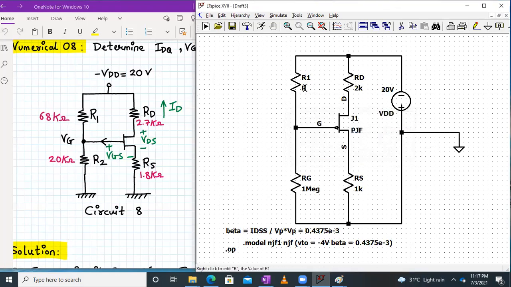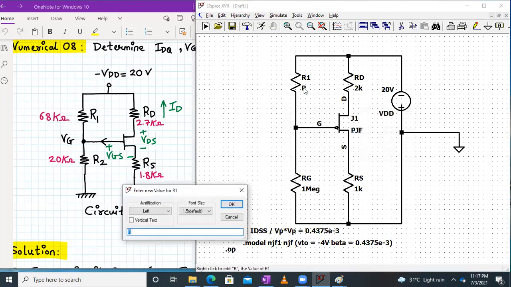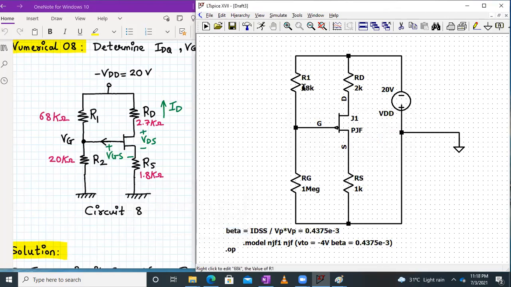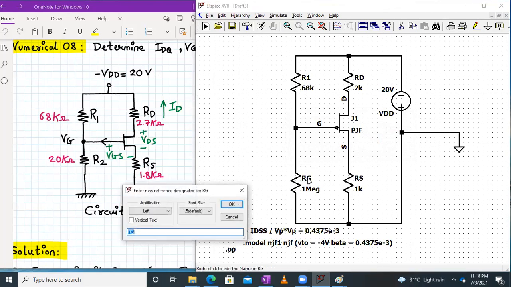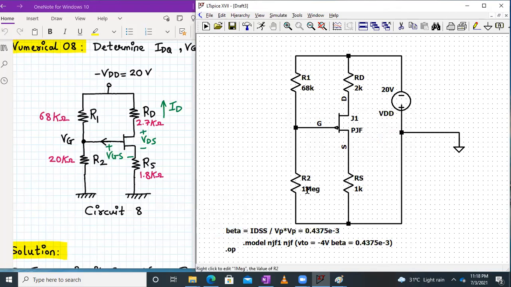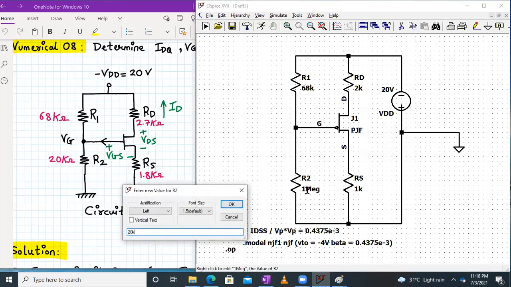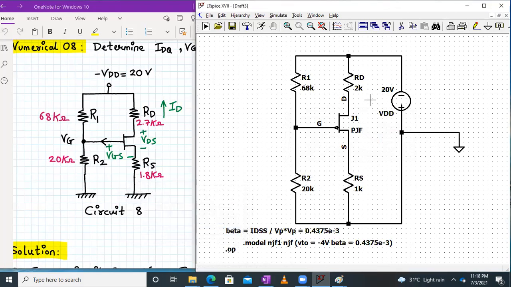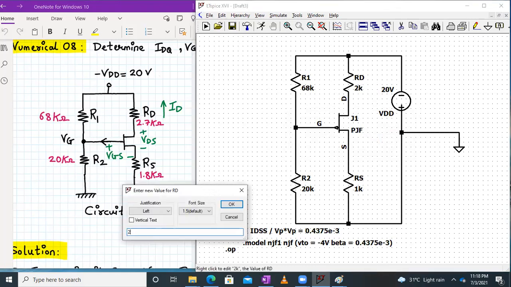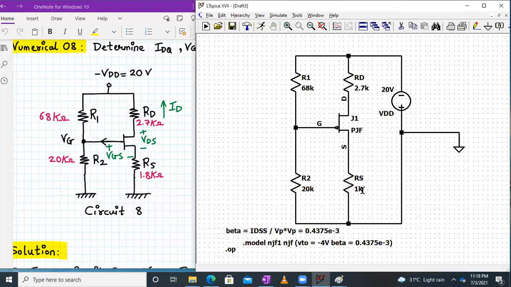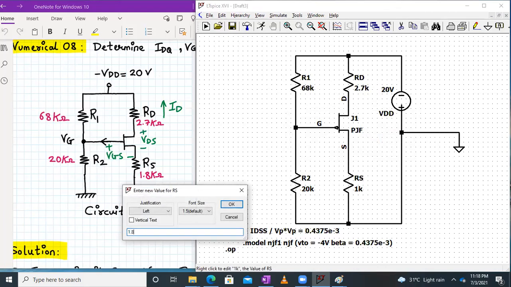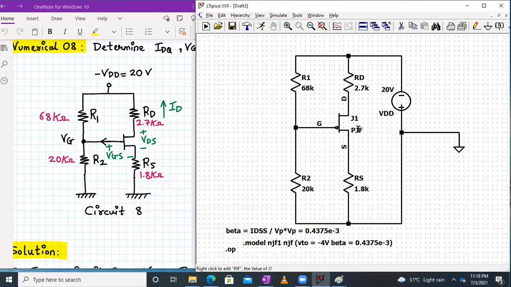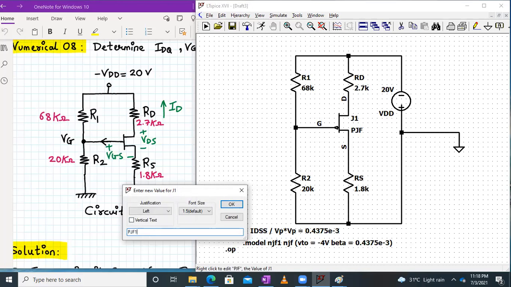R1 value is 68K. This is R2. This is a P channel JFET, so there will be slight modifications. R2 is 20K. RD is 2.7K. And RS value is 1.8K. And we replace this by PJF1.